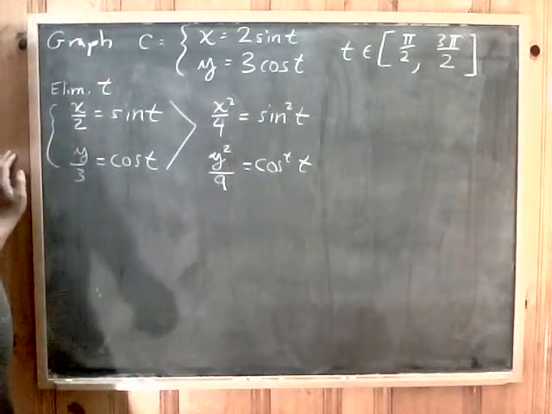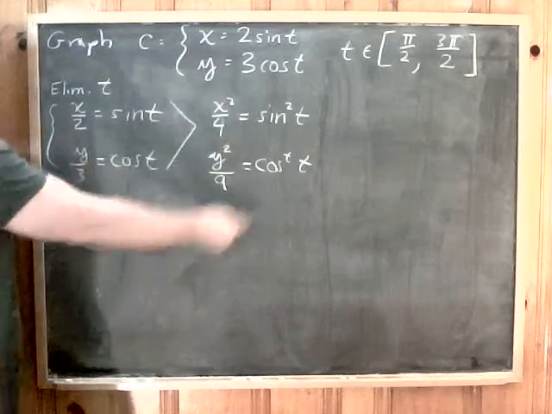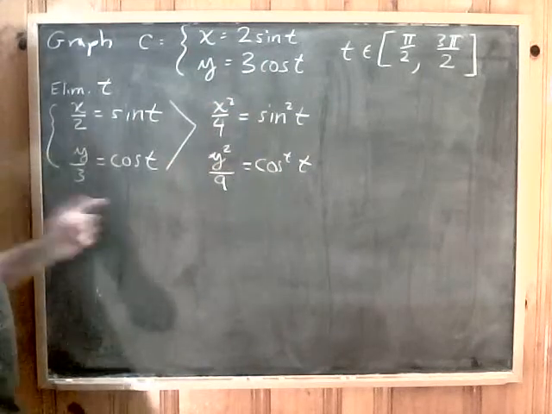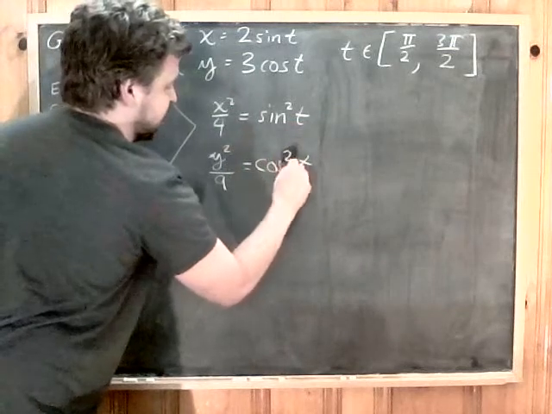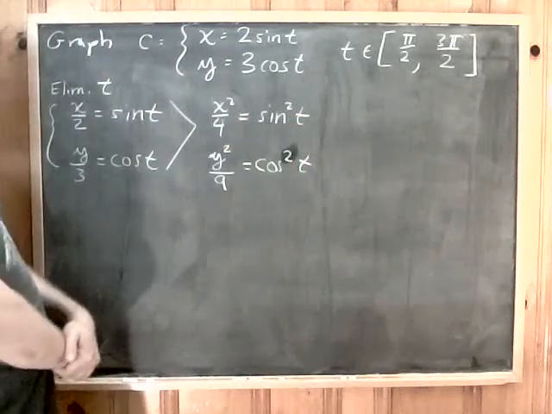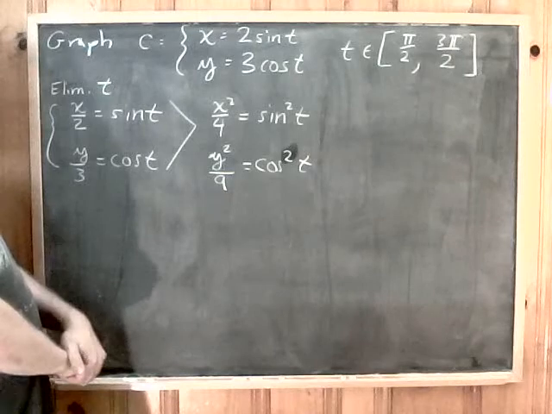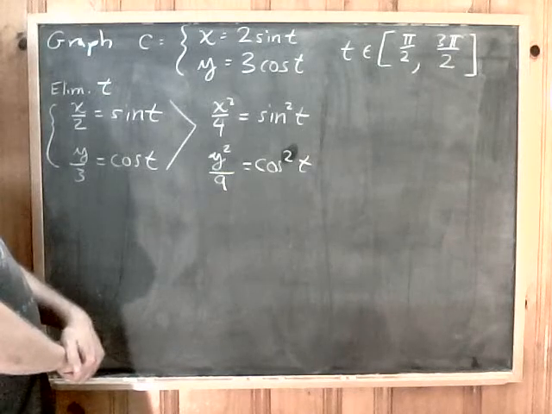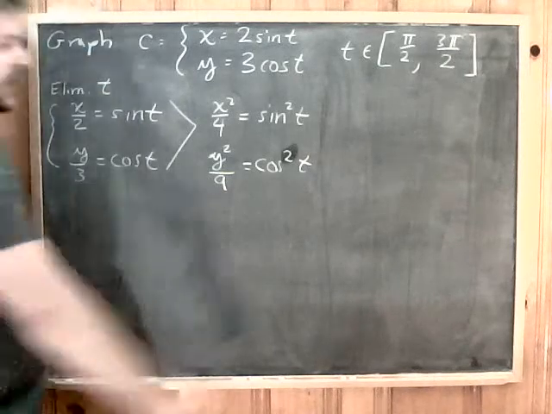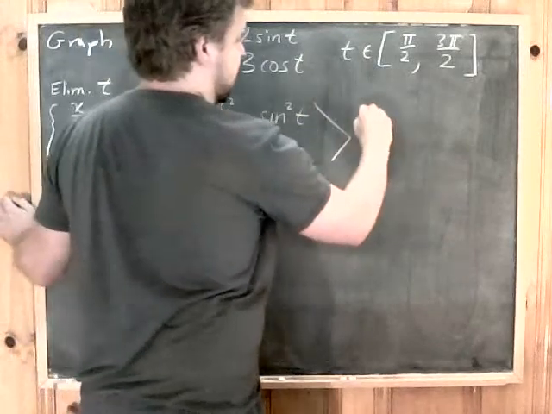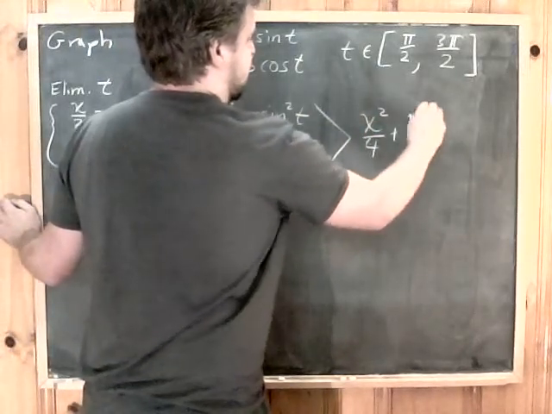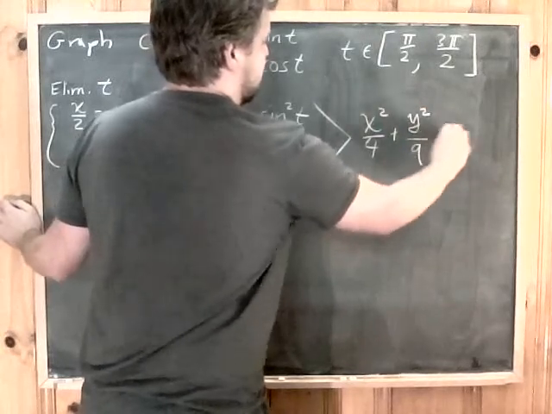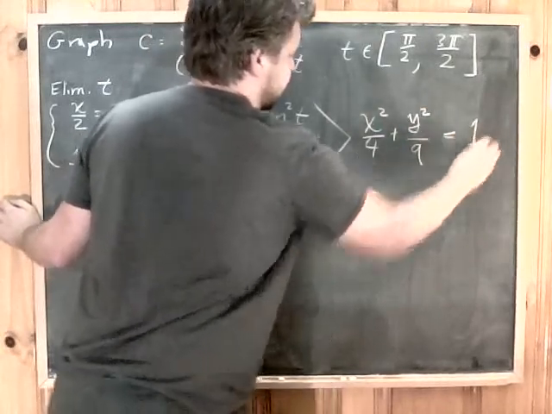And then putting those together, I add them top to bottom, and sine squared t plus cosine squared t is going to give me a 1. So together I get x squared over 4 plus y squared over 9 equals 1.